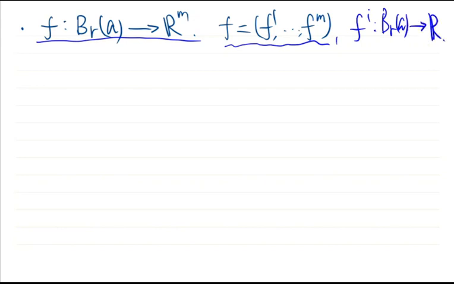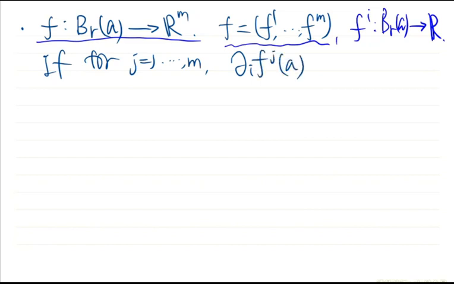So if for every j equal to 1 to m, the ith partial derivative of f_j with respect to x_i at this point A exists.